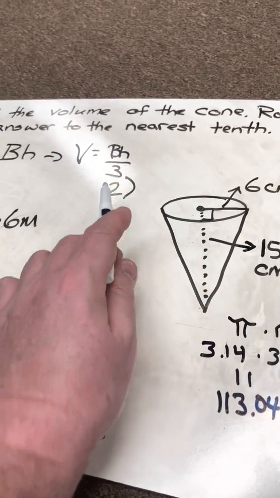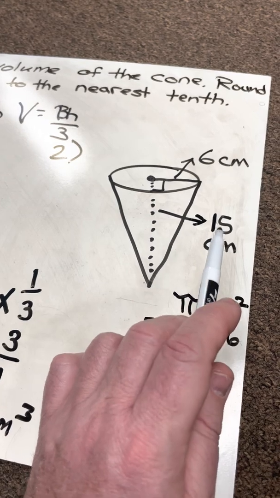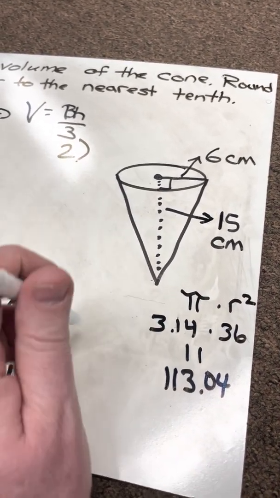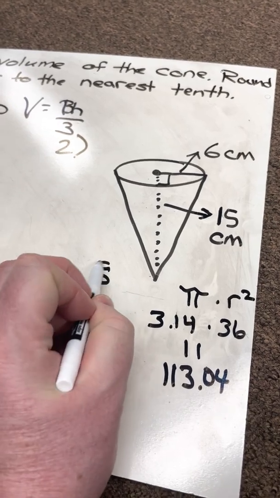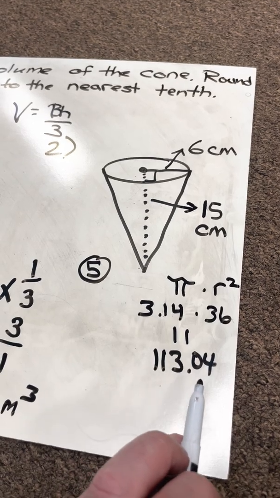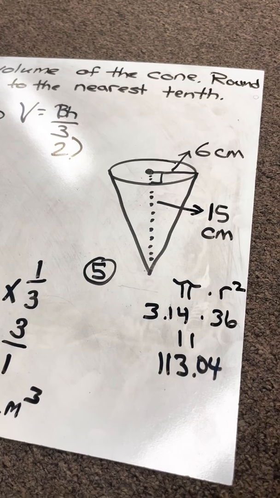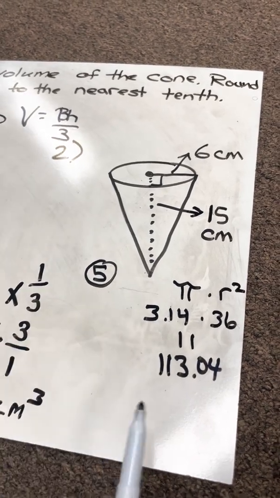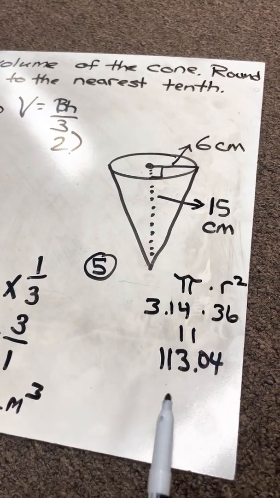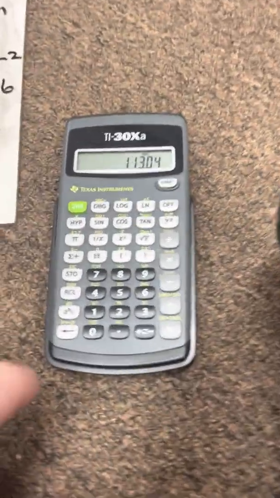Since I'm dividing by 3, I could take my 15, divide it by 3, and 15 divided by 3 is 5. Instead of multiplying 113.04 by 15, getting an answer, and then dividing that by 3, I could do the 15 divided by 3 first, get 5, and then just take 113.04 times 5. So I'm going to come back over to my calculator.